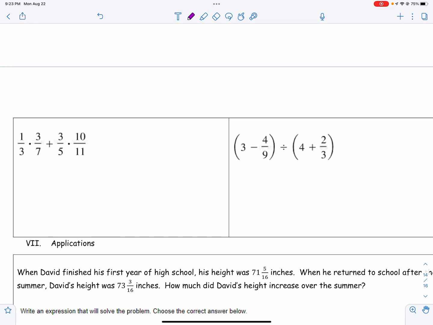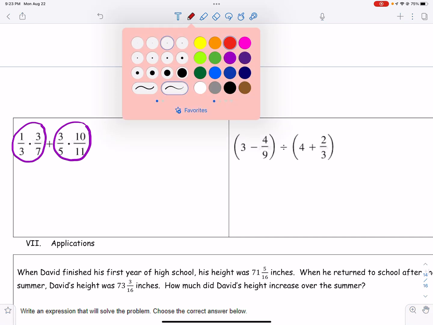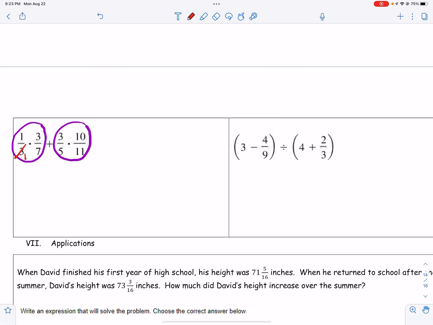So in this next one, I've got to treat each one of these multiplications first, even though they're not in parentheses, and then I'm going to do the addition. So looking for things that'll cancel, this 3 cancels this 3, and 1 times 1 is 1, and 1 times 7 is 7. This 5 goes into this 10, and that leaves me 3 times 2 is 6, and 1 times 11 is 11.